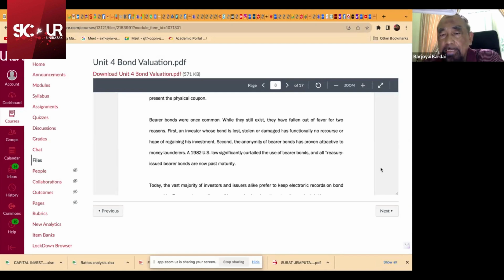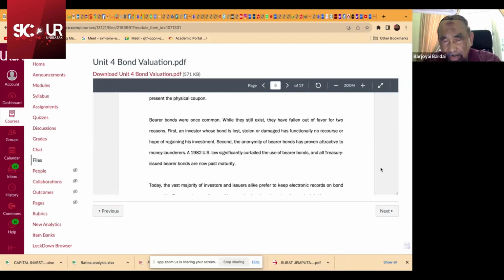While they still exist, they have fallen out of favor for two reasons. First, an investor whose bond is lost, stolen, or damaged has functionally no recourse or hope of regaining his investment, so we have to keep this bond certificate and the coupon like cash.